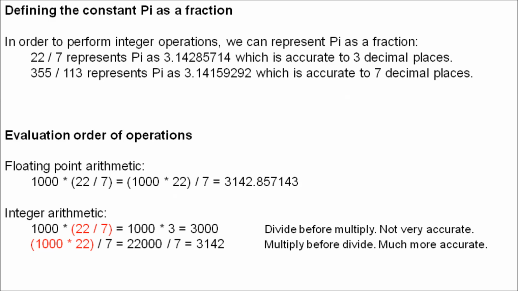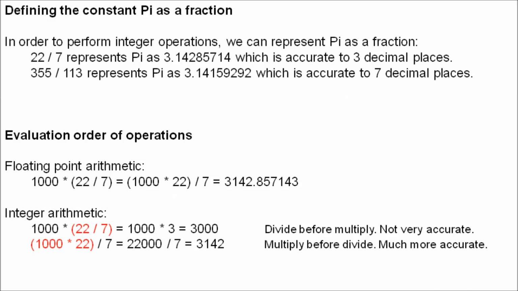Mathematically, multiplication and division have equal order of precedence during evaluation. An arithmetic calculation produces the same result whether the multiplication is performed before the division or vice versa, but this is not the case when using integer operations, because integer division discards any remainder.